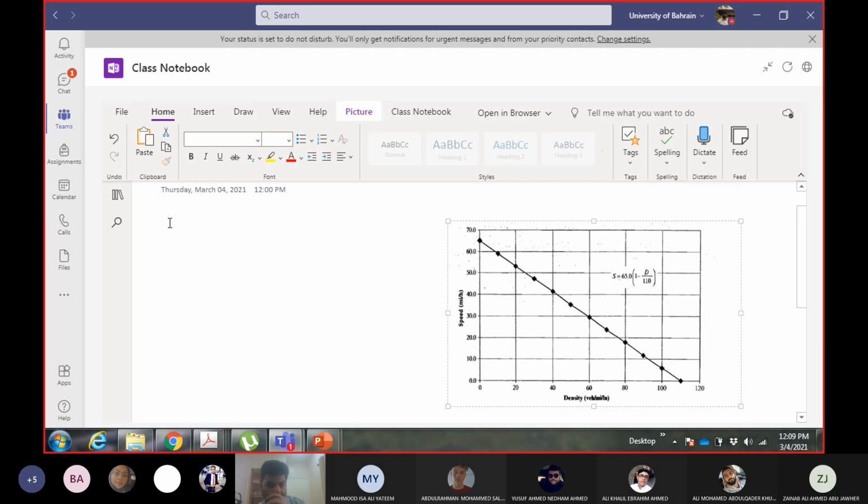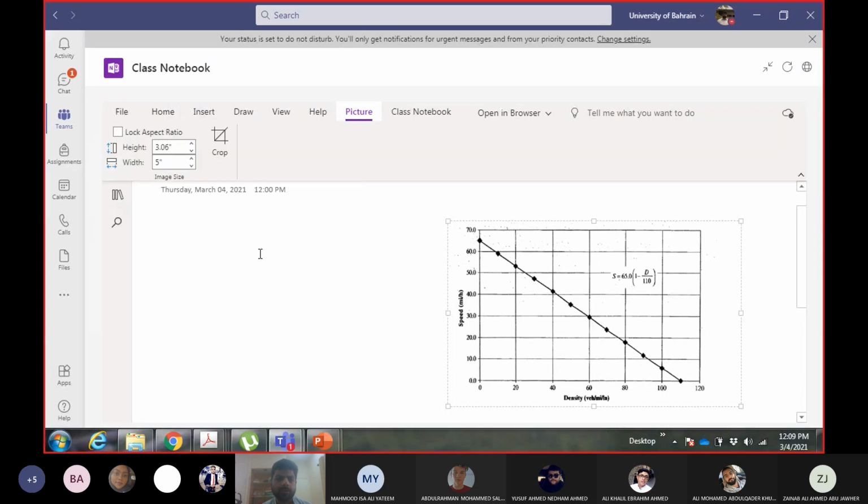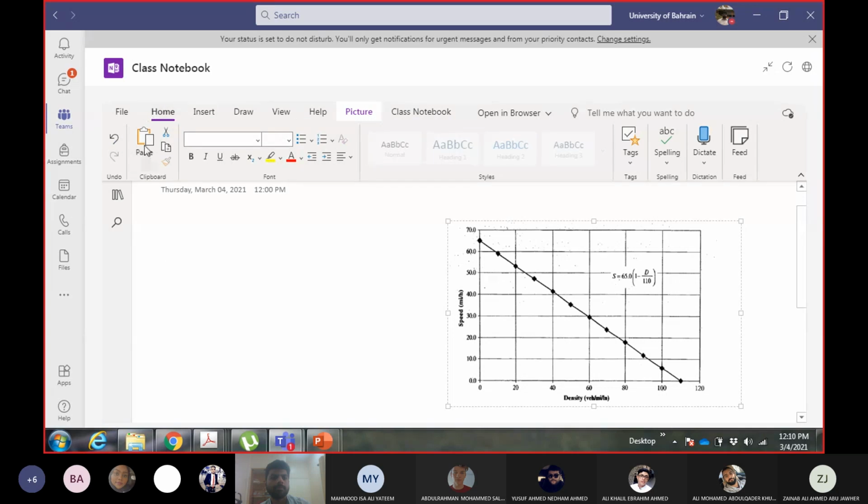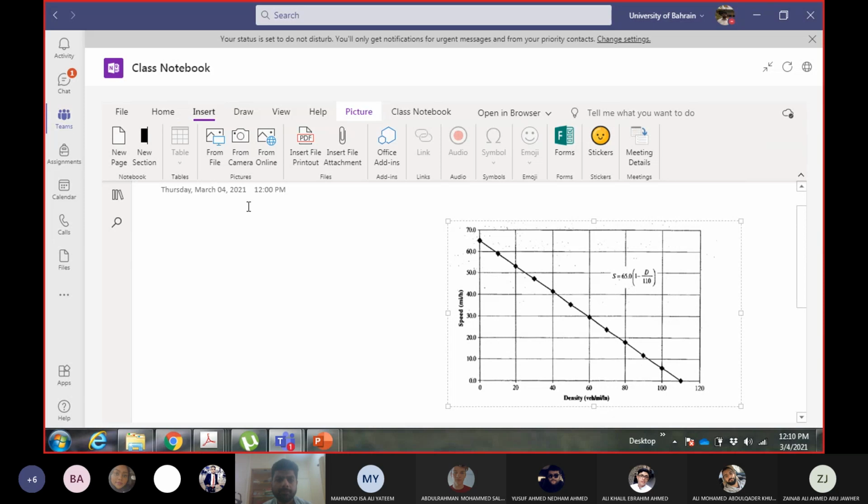So what is the equation of a straight line? According to Bruce Greenshield, speed and density are linked with a straight line. What is the equation of a straight line?